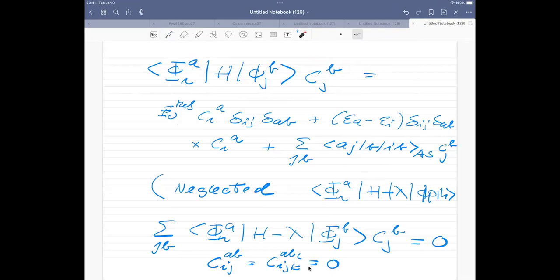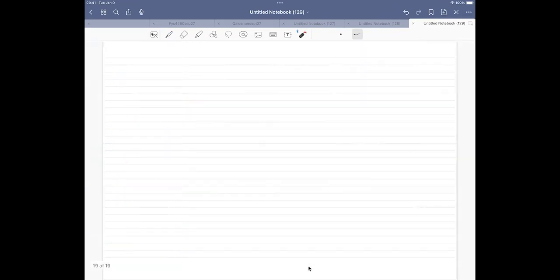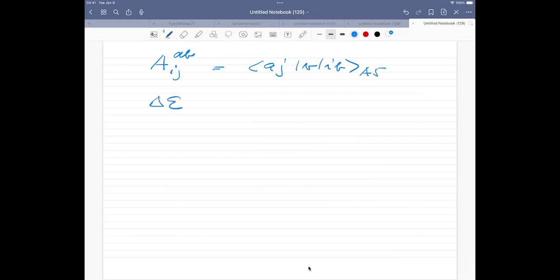And the compact form, if I define again a new matrix as we did before, is this matrix A of Ij AB, which is equal to the matrix element AJ of V IB anti-symmetrized, and then I have my delta epsilon.